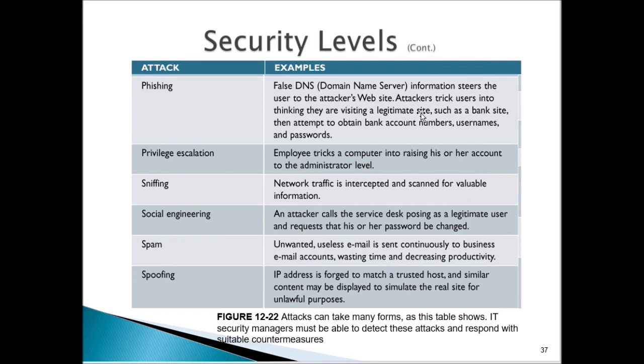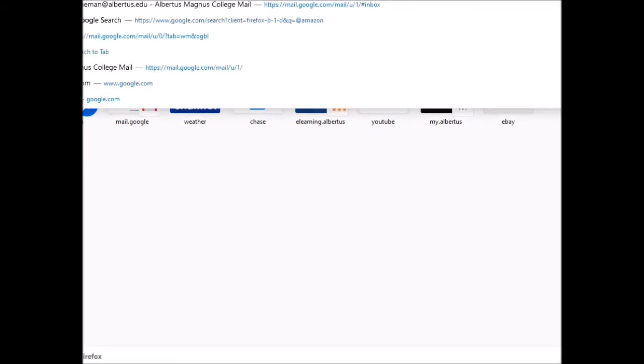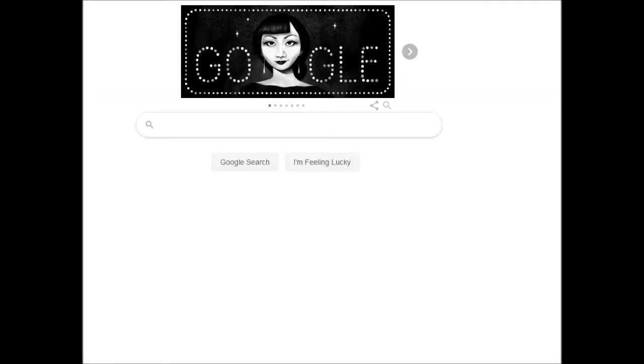This is really common at Starbucks, for example. You see people connecting to fake networks that say Starbucks domain or something, with a really strong signal. It could be the person sitting at the table next to you just using their phone, creating a hotspot. They set up their own DNS, and maybe something like Google, which is a really, really easy site to open up. Let's go to Google real quick. Actually, this is a hard day for Google because it's got a special logo, but even this would be extremely easy to duplicate.